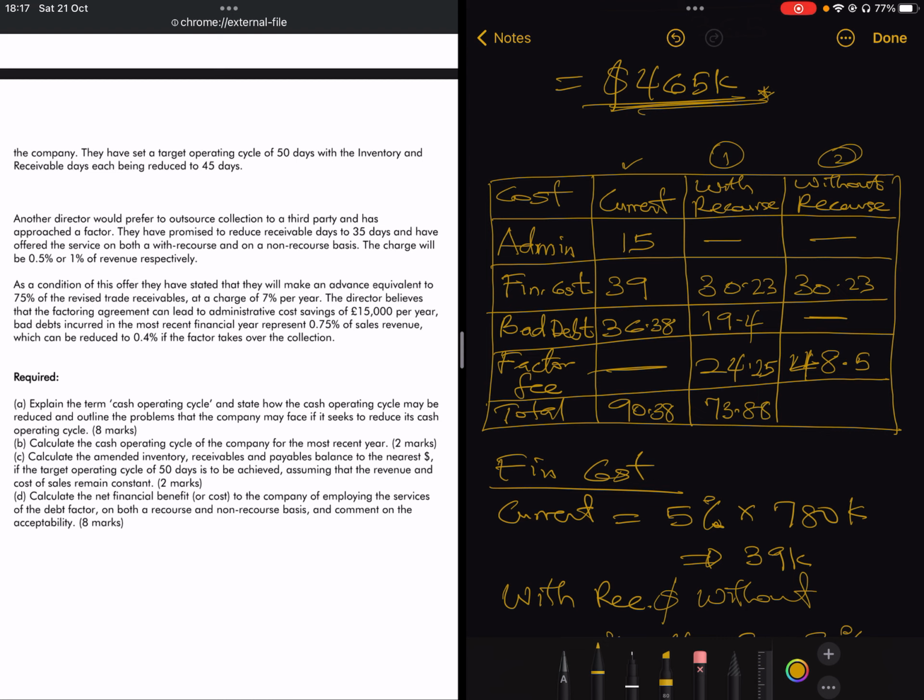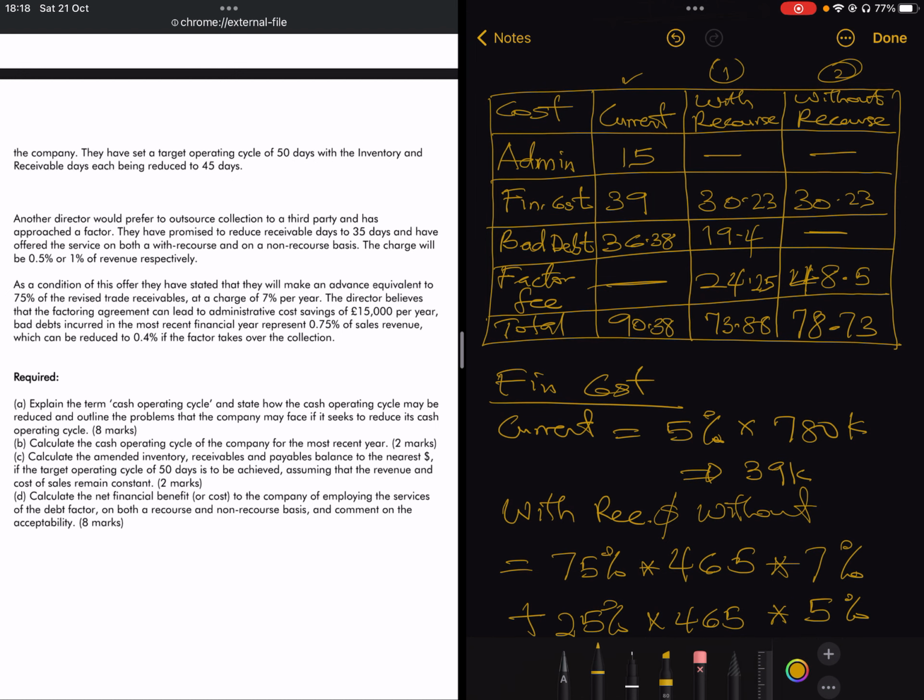And if we go for without recourse, add all of that together, the total cost of managing receivable will be 78.73.